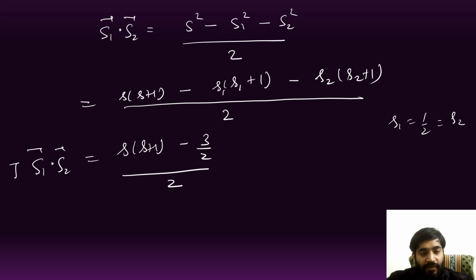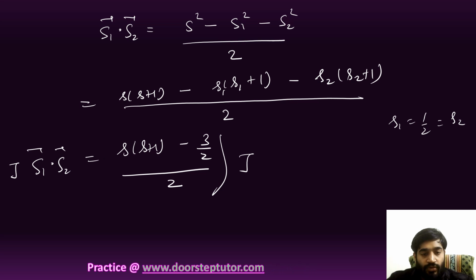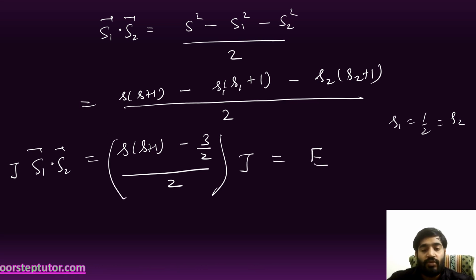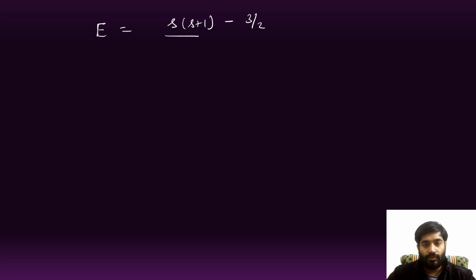Now it is multiplied with J, so we will multiply with J. Clear? If I multiply with J, then this is our energy. So energy is J times S into S plus 1 minus 3 by 2, over 2.